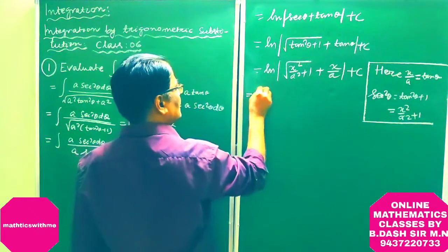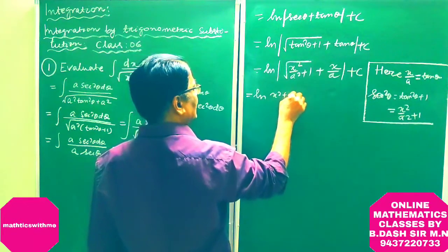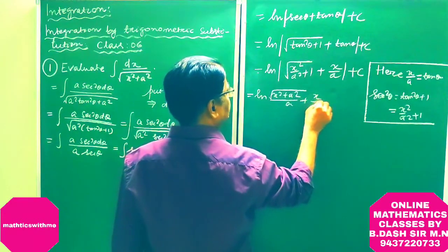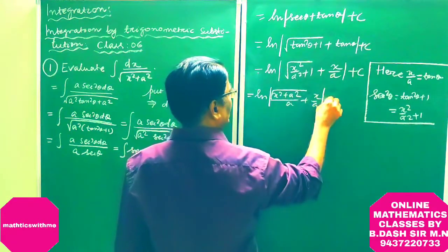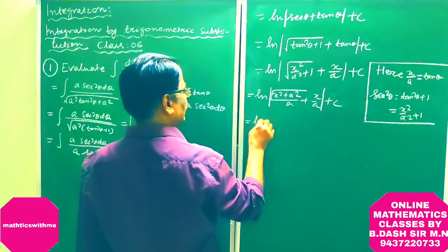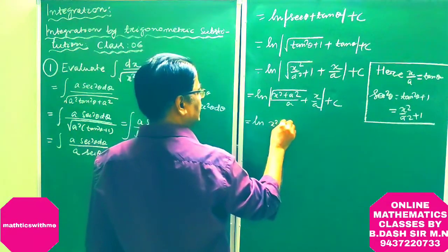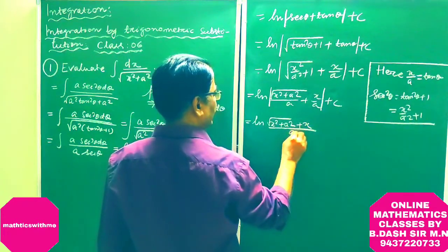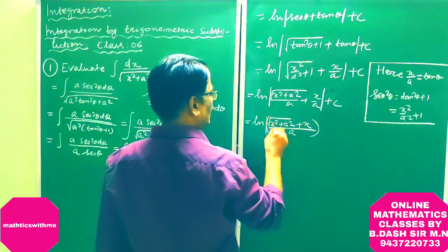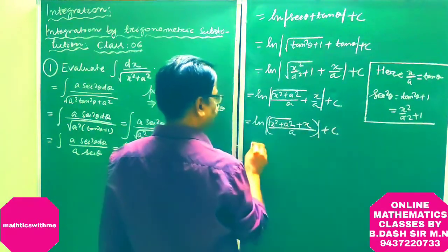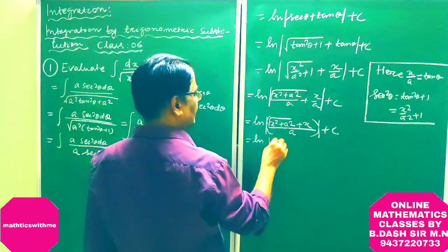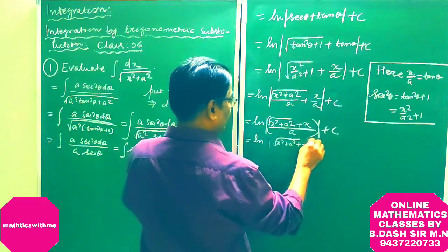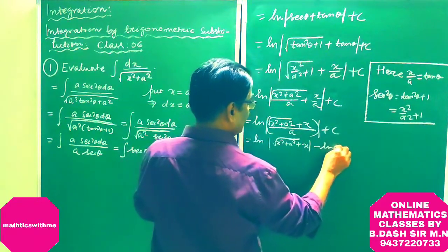So this is equal to ln of root over x square plus a square, divided by a, plus x by a, plus c. This is ln of root over x square plus a square plus x, minus ln a, plus c.